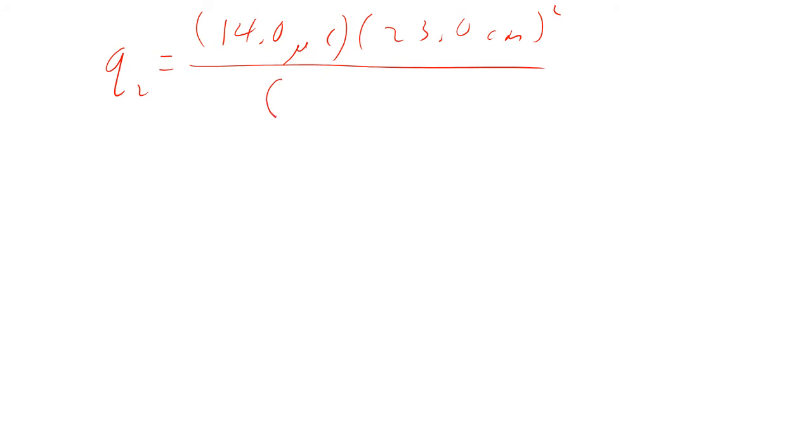Okay, so we plug in the numbers here, and that's going to be equal to Q1, which was the 14 microcoulombs, times the R2, which is 23 centimeters squared, divided by R1, 12 centimeters squared. So Q2 comes out to be 51.4 microcoulombs.